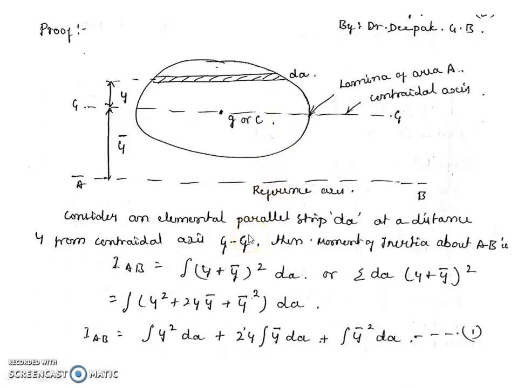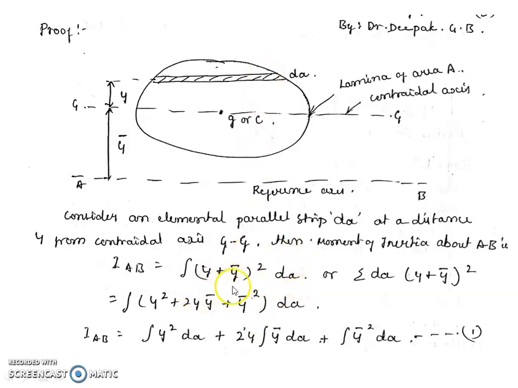Now I will take the moment of inertia about AB, IAB. I will consider the moment of inertia of this small strip over the reference axis AB. Then IAB is equal to the integral, which covers the whole area, of the distance squared times dA, the area of the small strip.